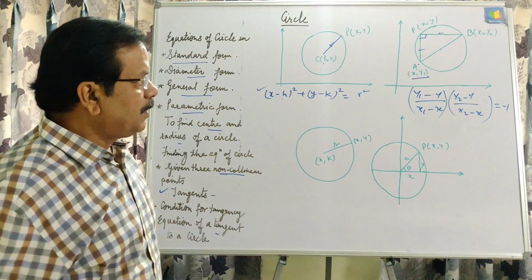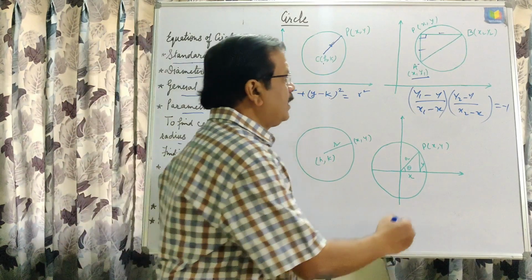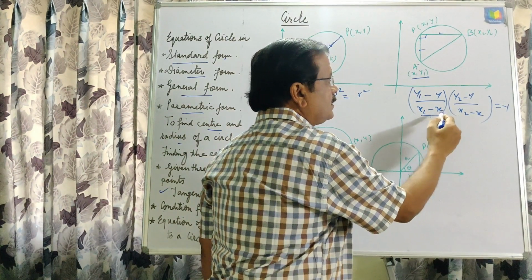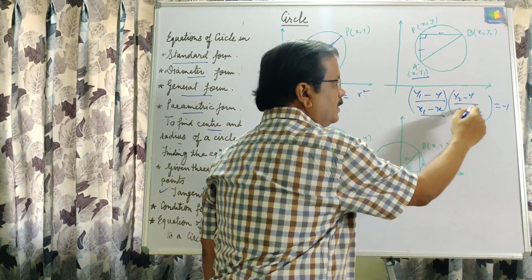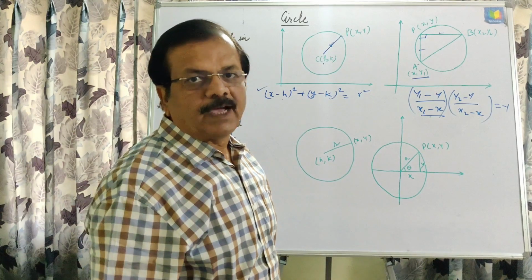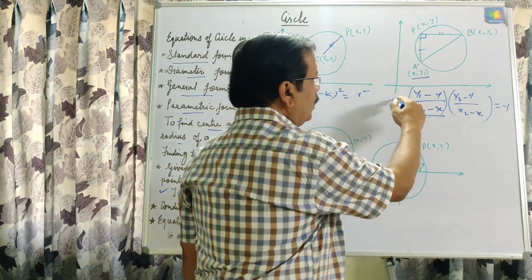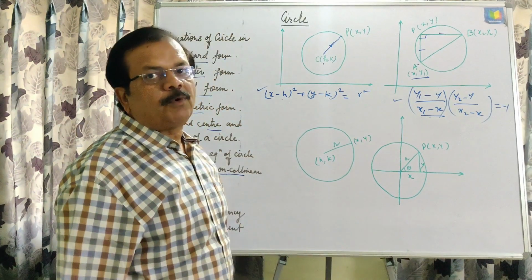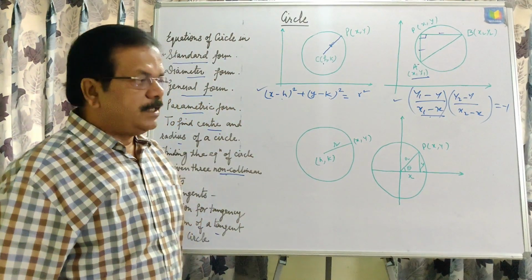So by cross multiplication we can find the equation of circle, that is (x1 minus x) into (x2 minus x) plus (y1 minus y) into (y2 minus y) is equal to 0, and this way we can find equation of circle if end points of diameter are given.